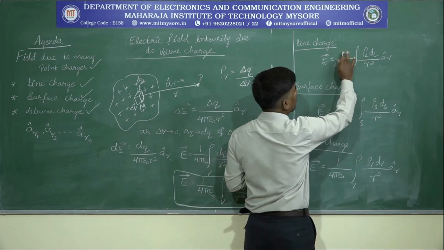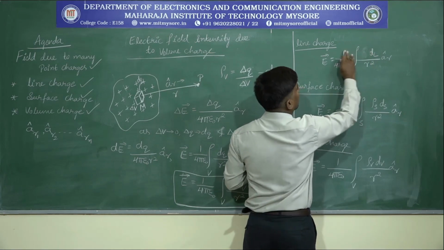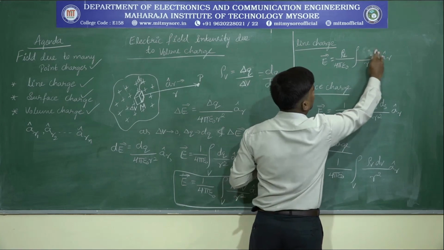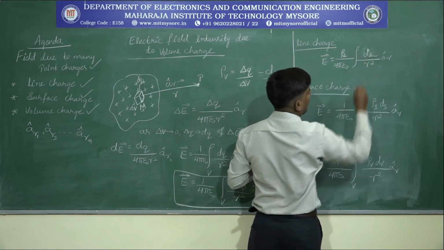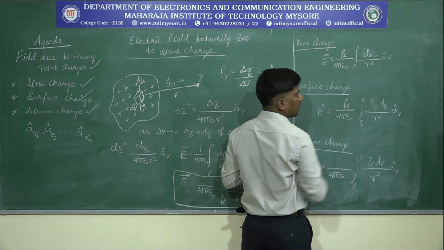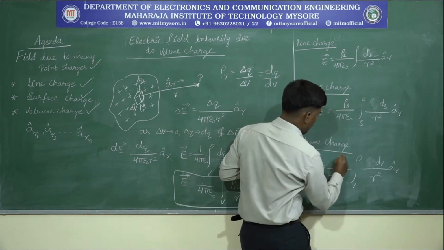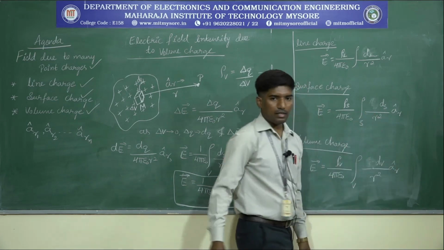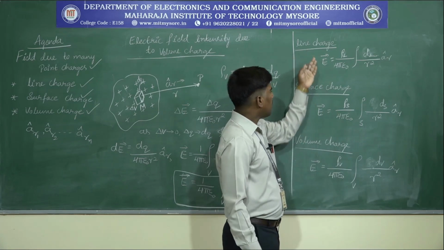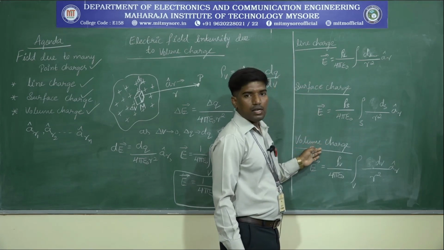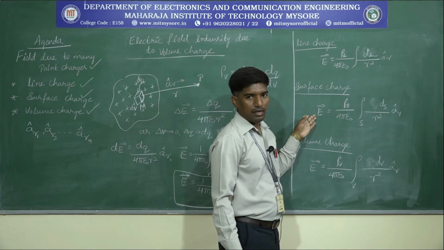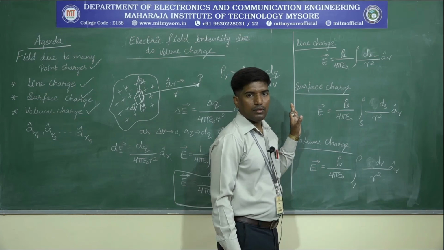Since these become constant, we can easily replace this equation by rho L into the integration of dl by r square. Here also rho s becomes constant, so we can take it outside. Here also rho v becomes constant, so we can take it outside. This is the resultant equation for all the line charge, surface charge and volume charge distributions, due to which electric field intensity can be identified. Understood? Okay.